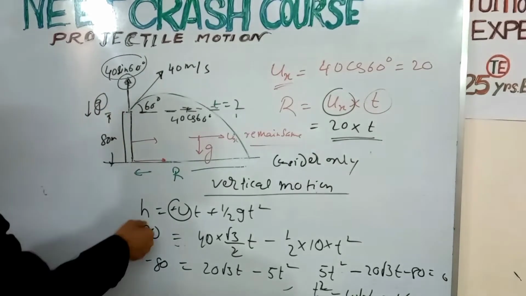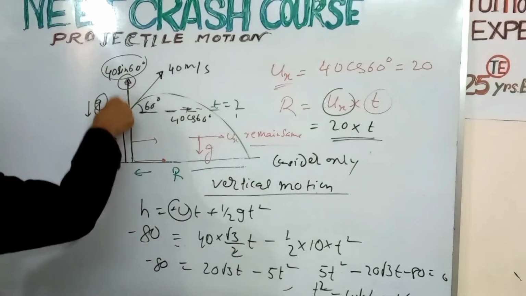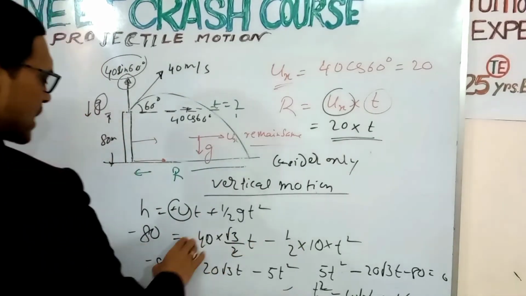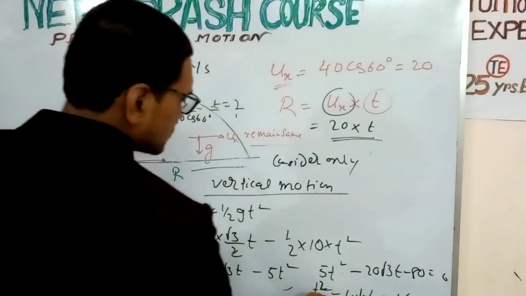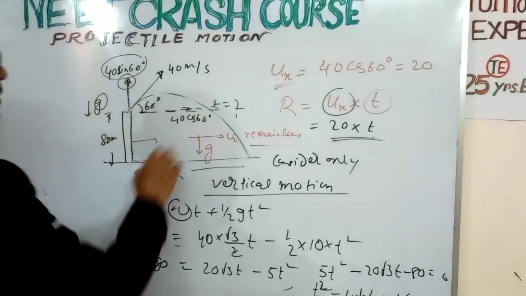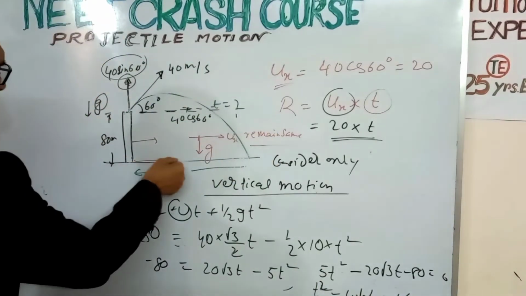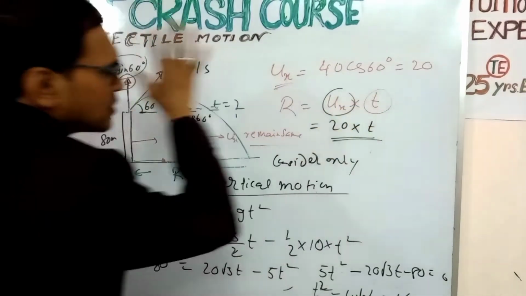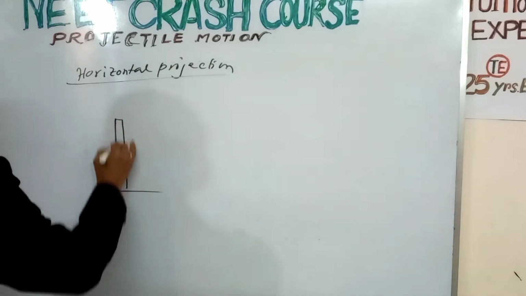So h equal to minus 80, u initial velocity is positive, and g always negative. So if we put the proper sign convention, then we get the value of time t. This time is the time of flight. Now range equal to the velocity along this direction, which is constant throughout the motion, velocity into time equal to distance. That is, this is the horizontal range.